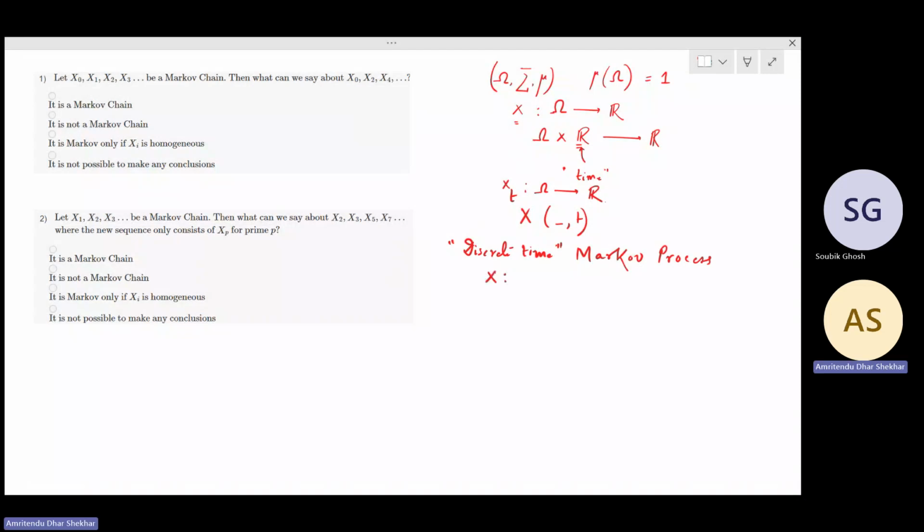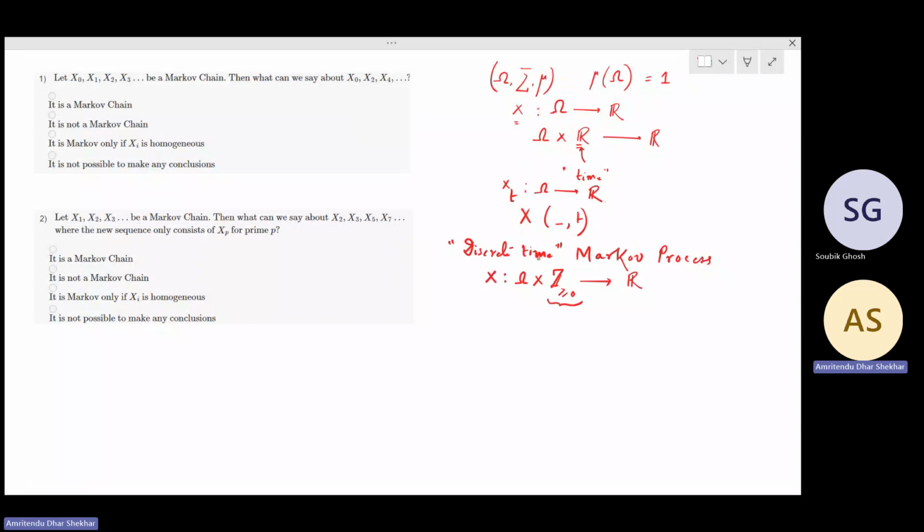It's a measurable map from this space, but instead of R, which was previously representing the time parameter, now you have discrete time steps, so you can just think of it as Z greater than or equal to 0 to R. Okay, so this is your time parameter.